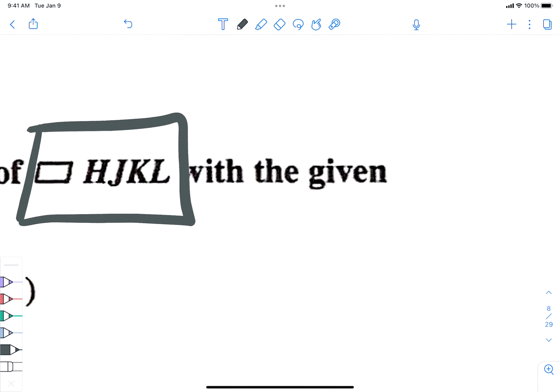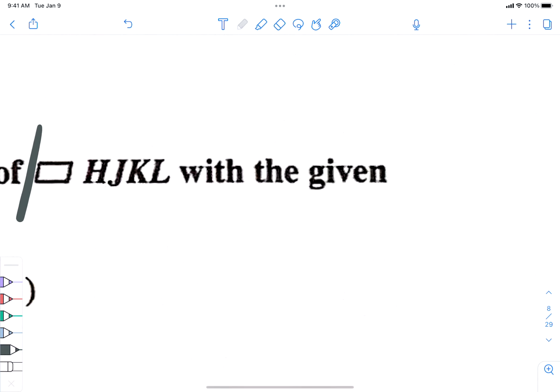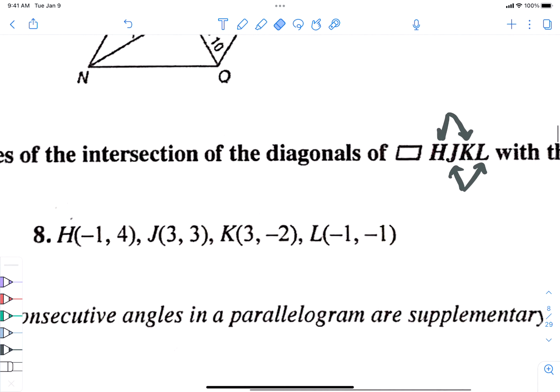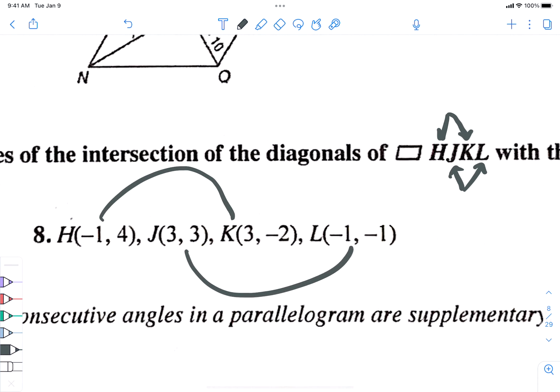Which ones will be opposite from each other? H and K will be opposites, J and L will be opposites, right? So you don't even really have to graph these in order to find the midpoint of the opposite ones. Either just pick H and K and find the midpoint, or pick J and L and find the midpoint. It doesn't matter which one you do. You could do both of them just to check and make sure you get the correct answer.